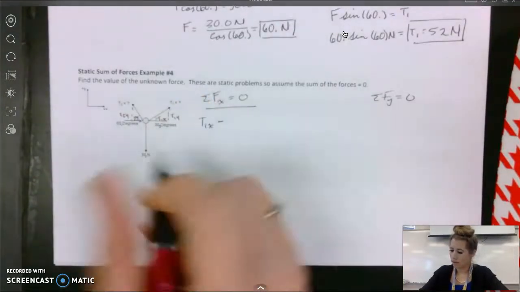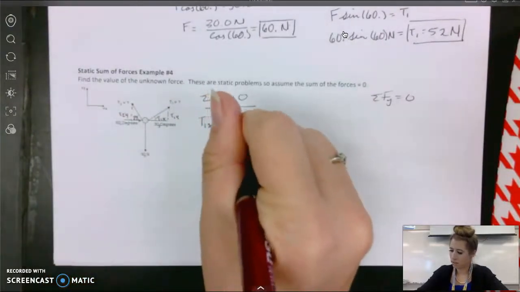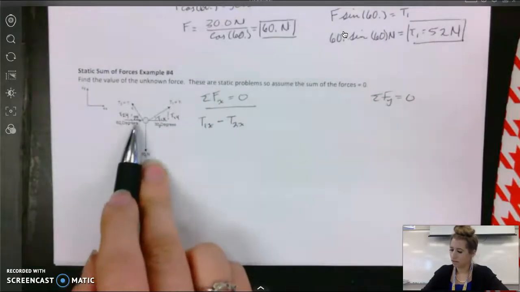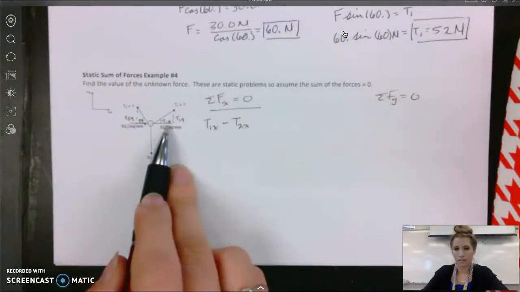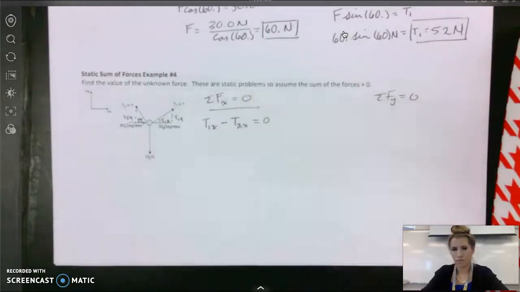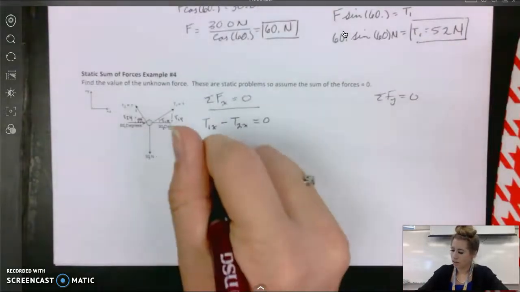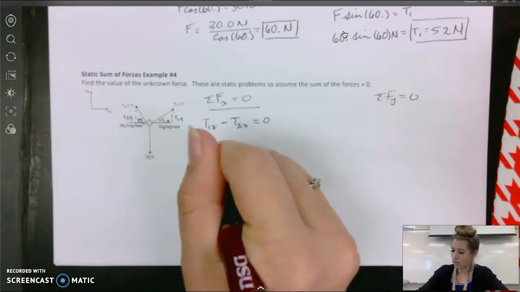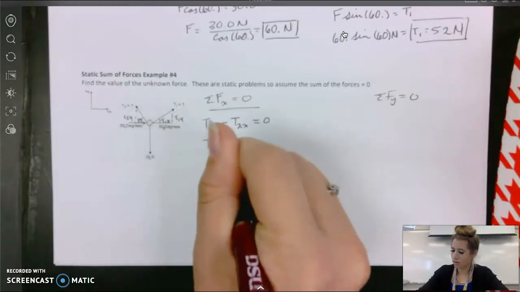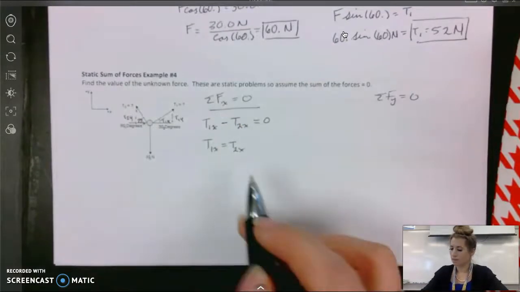And then I have a negative T2 in the x. There are no other forces acting in the x direction, so that's going to equal 0. Now, I don't know what either of those are yet, but I can set them equal to each other. I can say T1 in the x direction is going to equal T2 in the x direction. We'll come back to that.